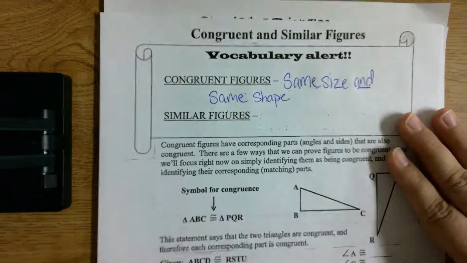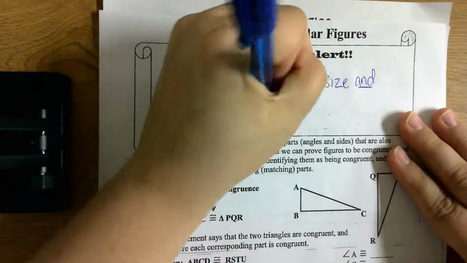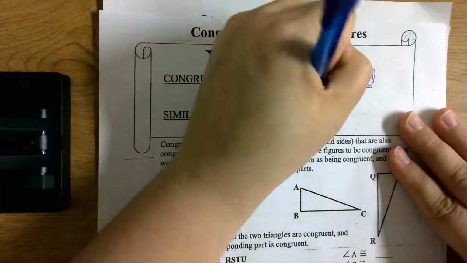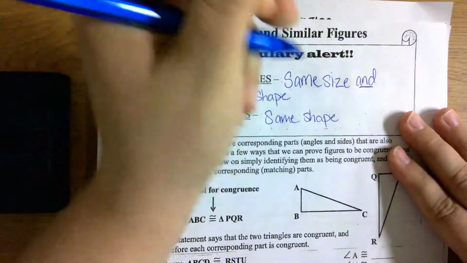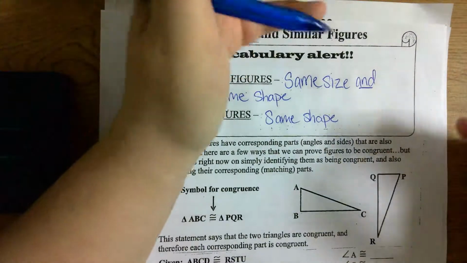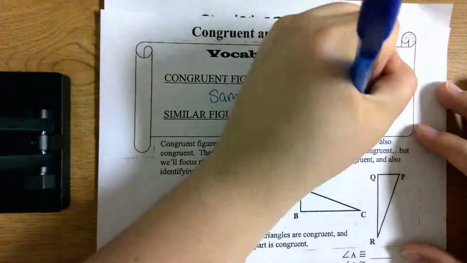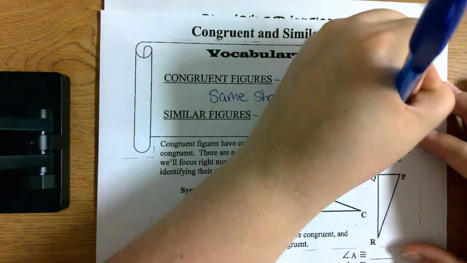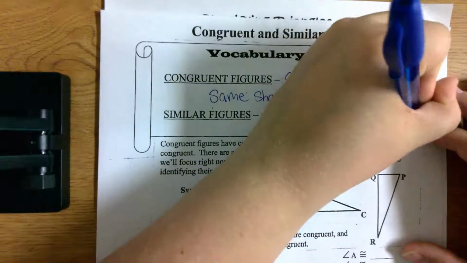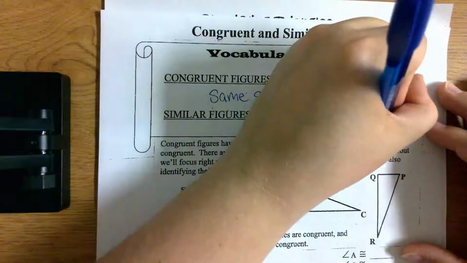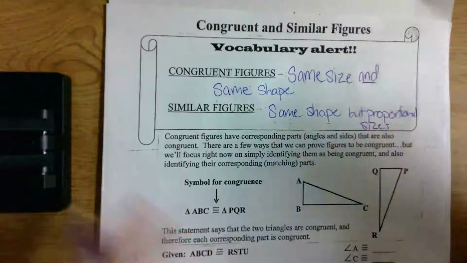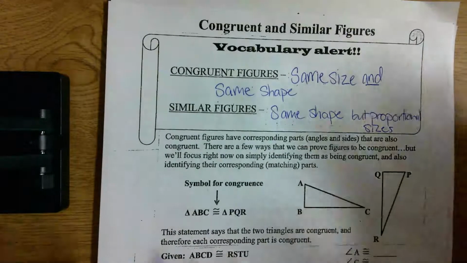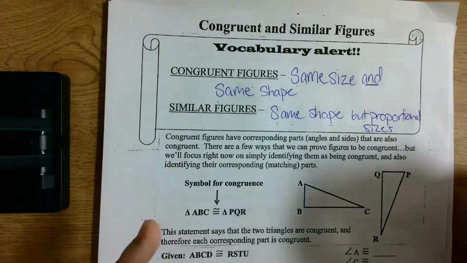Now, similar figures means they're the same shape, but they have proportional sizes. And I'll show you what that means later, but for right now, we will start with congruence.